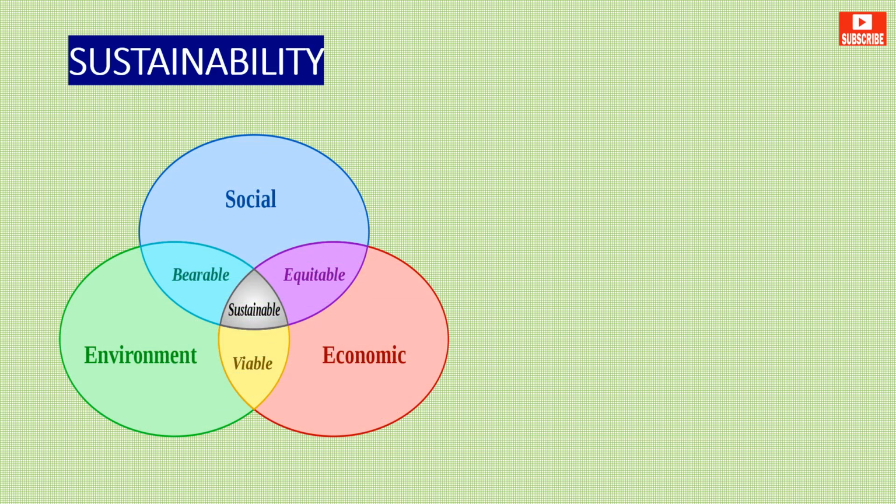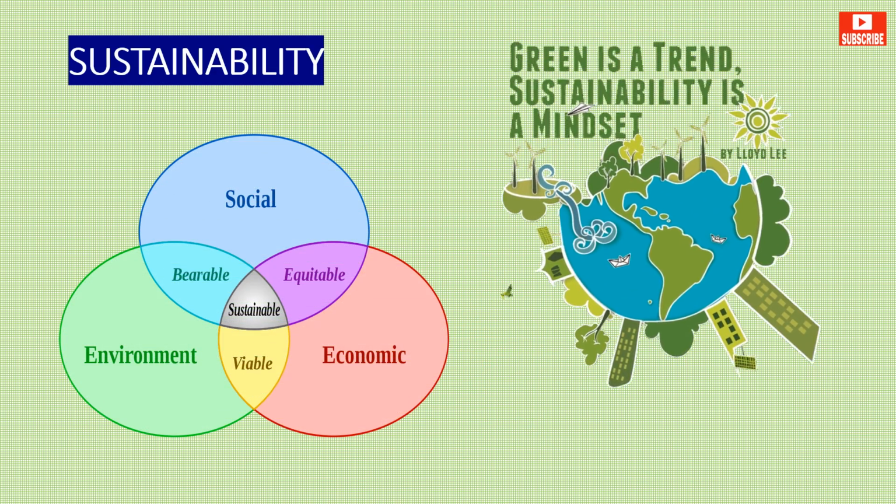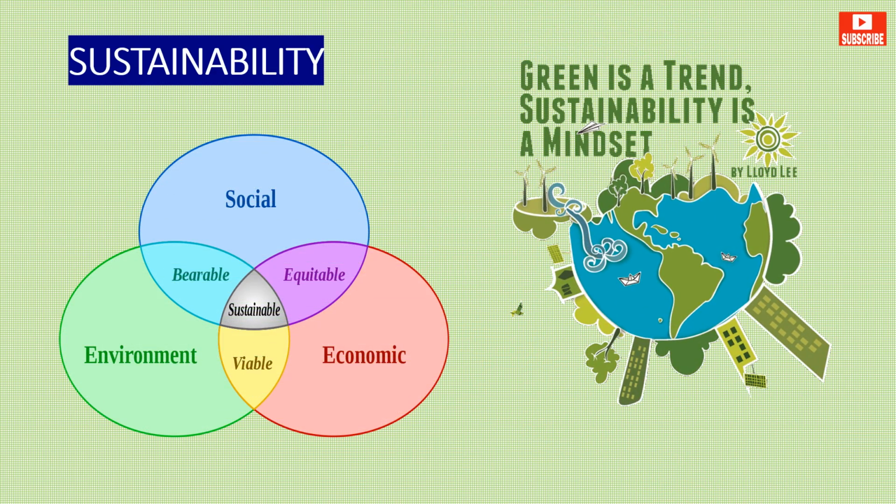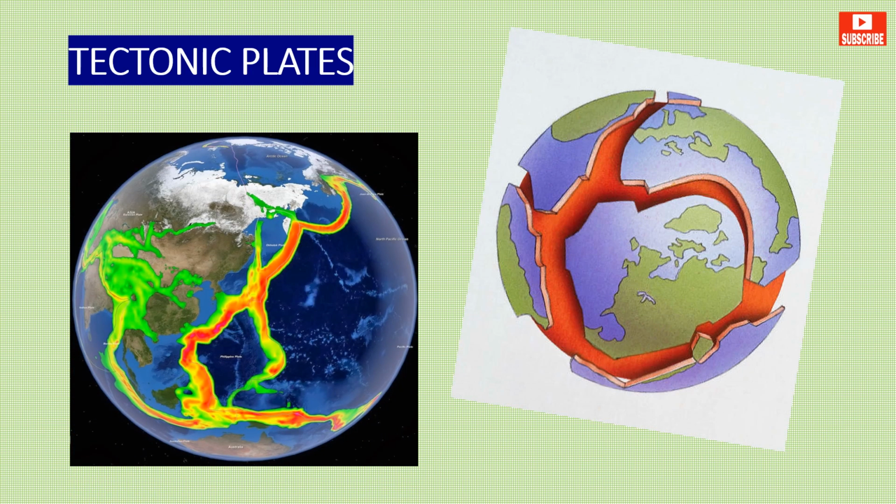Sustainability is maintaining an ecological balance by avoiding the depletion of natural resources. So if you see here, social, environment, and economic, and the middle is a balance which is sustainable. Tectonic plates are the different sections of the Earth's crust that shift on the underlying mantle.